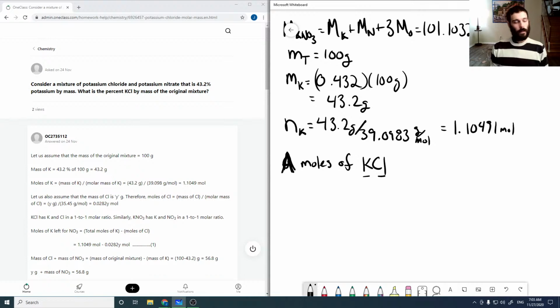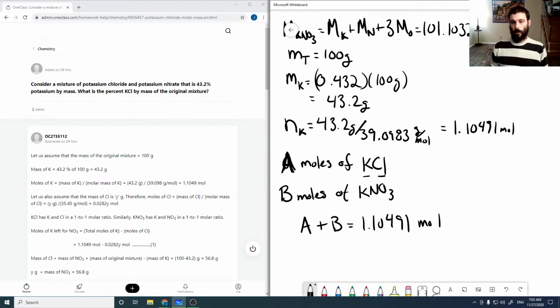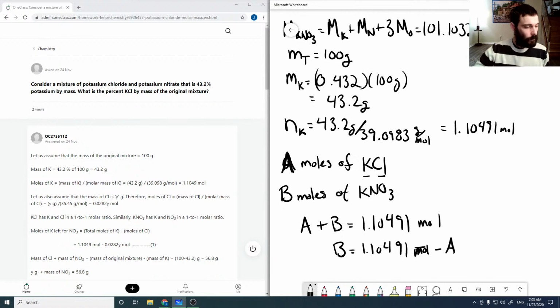So if we have A moles of KCl, and if we assume we have B moles of KNO3, and again, we have a 1-to-1 mixture, that means that A plus B must equal 1.10491, or B must equal 1.10491 moles minus A. Okay?